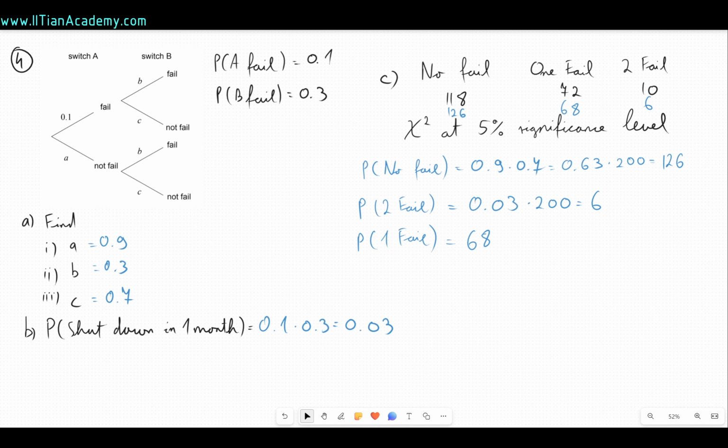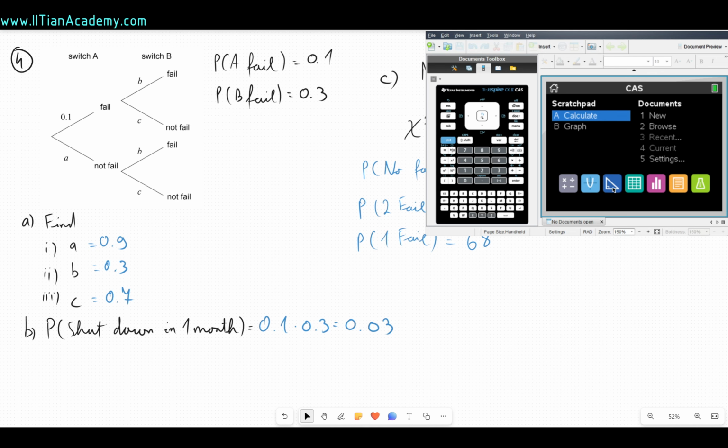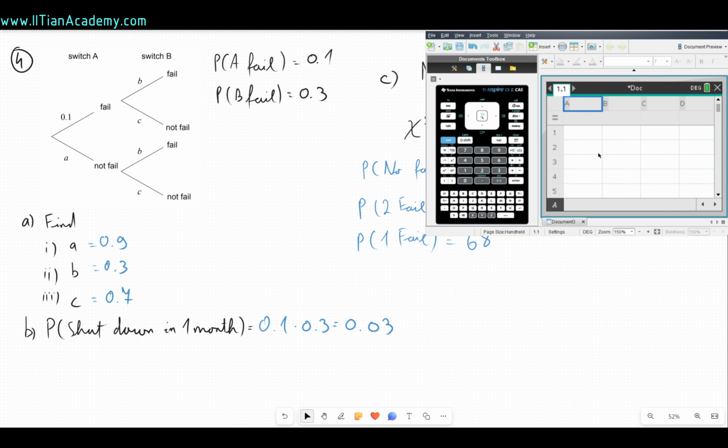And then we can input these into our calculator and perform the chi-squared goodness of fit test. So this can be our observed list, and this can be our theoretical list. And then our observed list was 118, 72, and 10. And then our theoretical list was 126, 68, and 6.